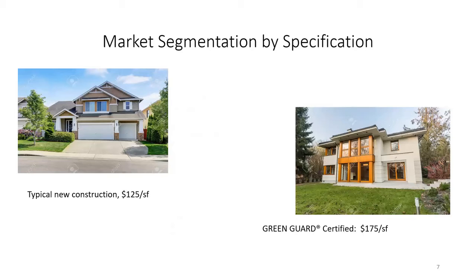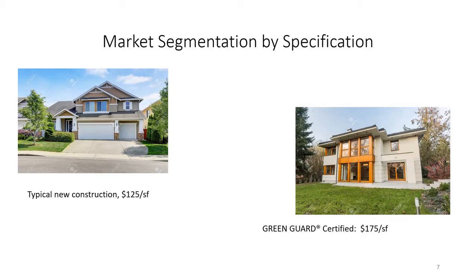Market segmentation by specification also occurs in the residential construction industry. A typical ordinary home, if you will, comprised of ordinary building materials might have a construction cost of $125 per square foot. However, some people want their houses built of what might be called environmentally friendly materials.